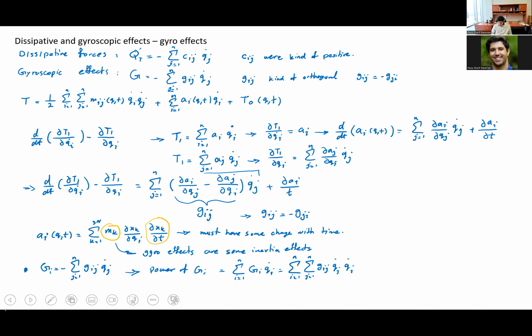Uh-oh, my laptop has started doing this again. And so notice that because these Gij's always come in opposite pairs, Gij equals minus Gji, and because of the symmetry we have, this total summation will always end up canceling, and what we get is 0. In other words, these gyroscopic quote-unquote forces do not interact with the energy of the system.